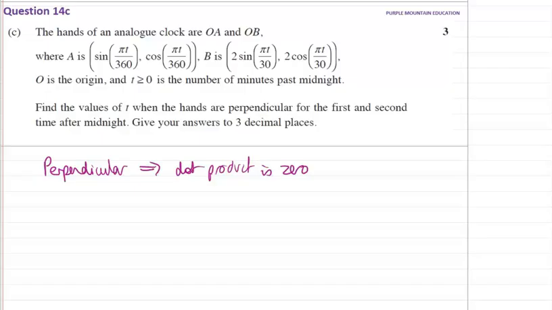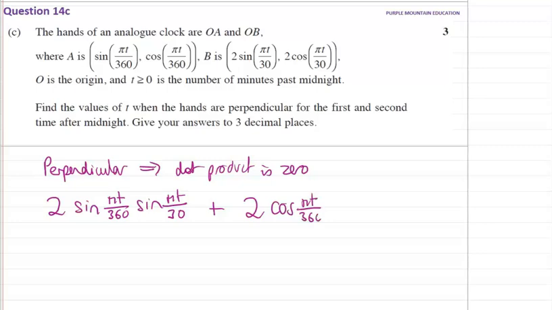So 2 sine pi t on 360 sine pi t on 30 plus 2 cos pi t on 360 cos pi t on 30 equals 0.